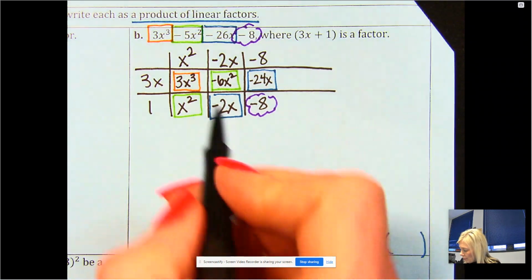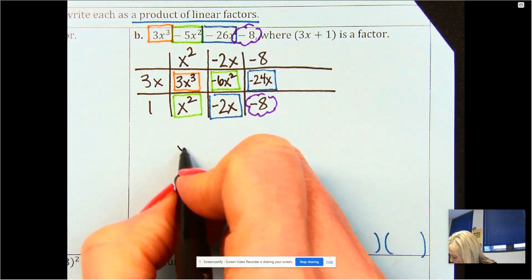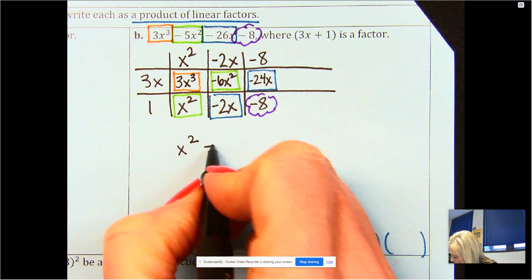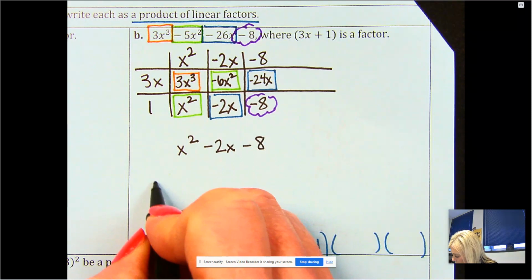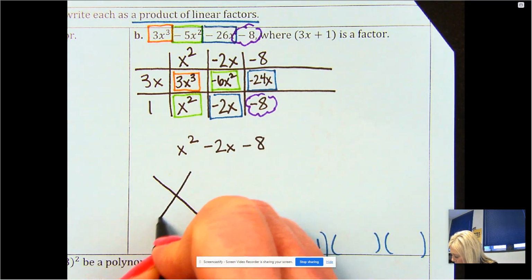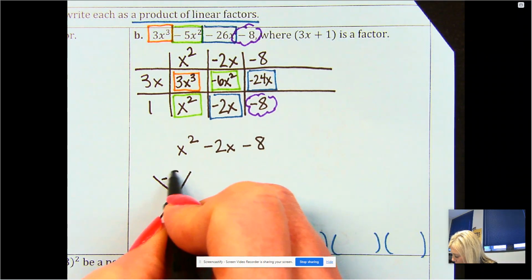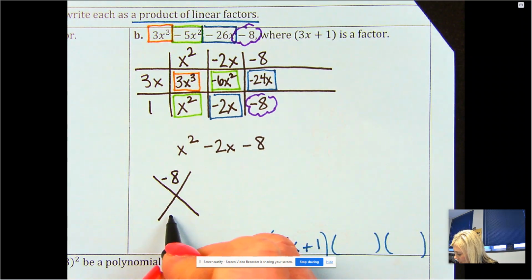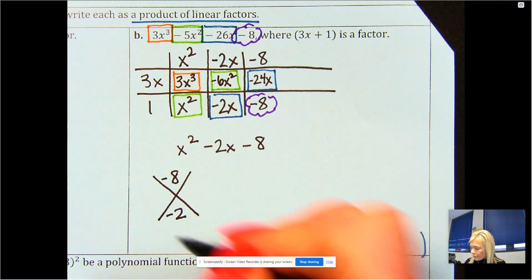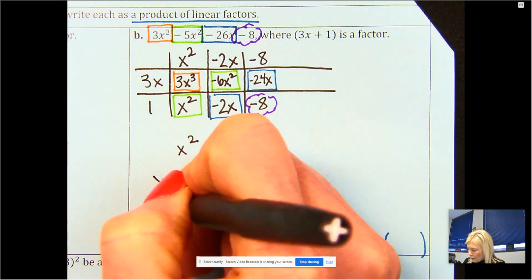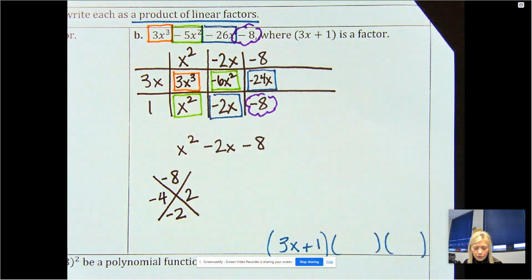And so now we take what was at the top, x squared minus 2x minus 8, and then factor it. So that multiplies to negative 8 and adds to negative 2. It's negative 4 and positive 2.